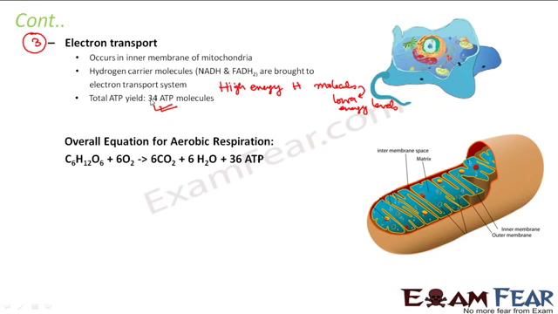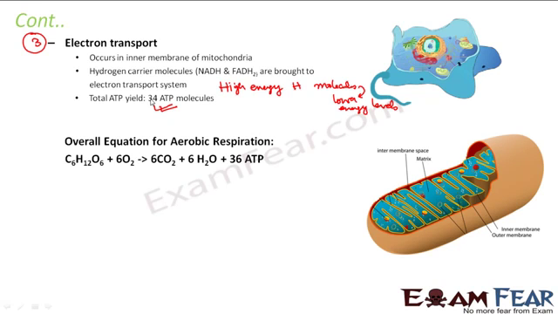So what is the total process? We can review it. The first step is glycolysis, where the glucose molecule, which was a 6-carbon molecule, gets converted into pyruvate, which is a 3-carbon compound. In the next step, the 3-carbon compound pyruvate enters into the mitochondria.